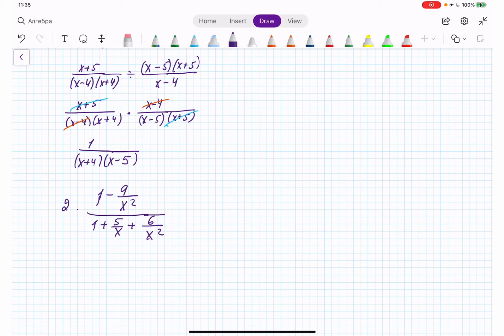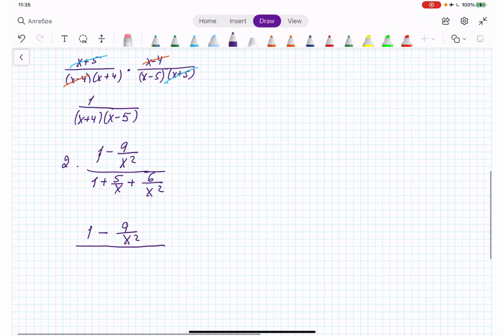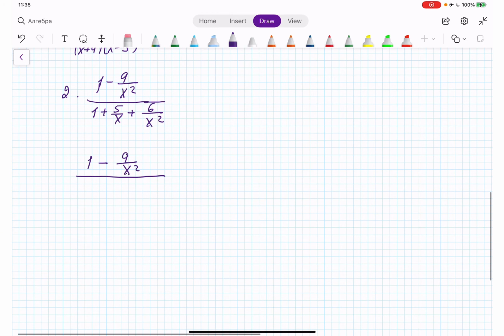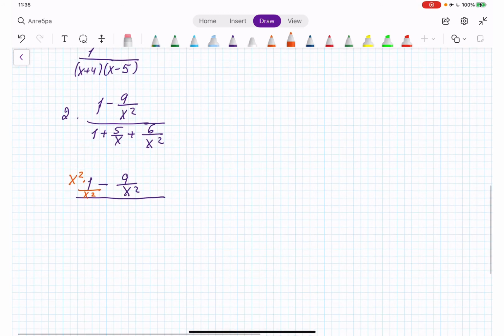I'm going to rewrite it the following way. 1 minus 9 over x squared. Our common denominator here is going to be x squared, right? Which means 1 I'm multiplying by x squared over x squared. Second fraction I don't touch. Okay, next one. 1 plus 5 over x plus 6 over x squared.